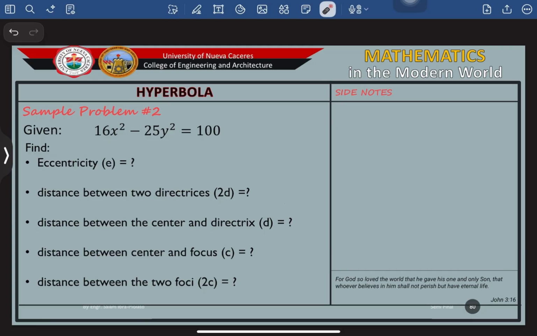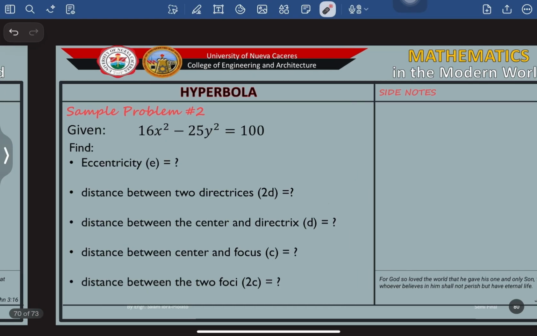So, for this one, we need to convert first this equation to standard form for us to determine the transverse axis and the conjugate axis.